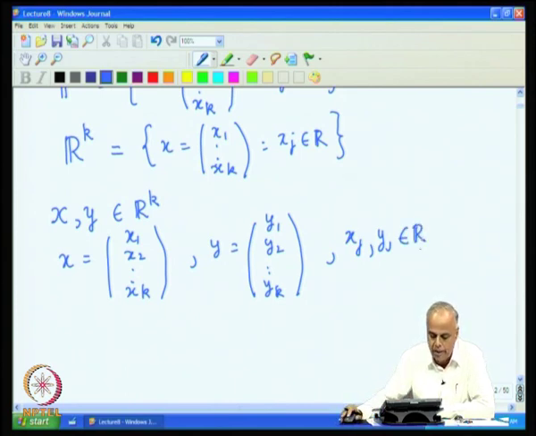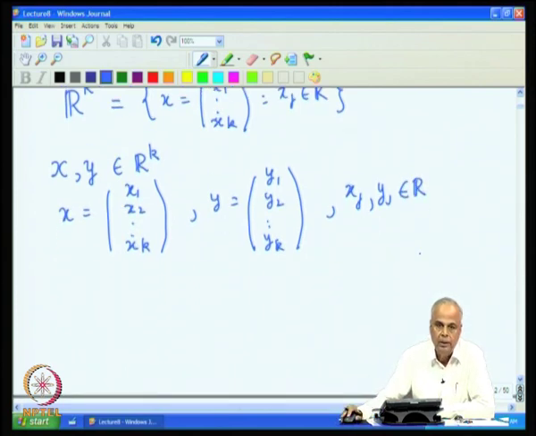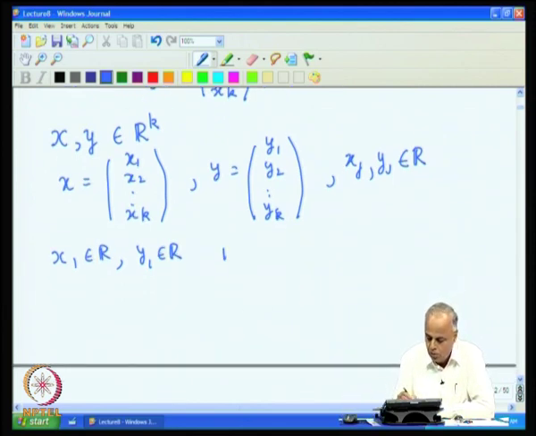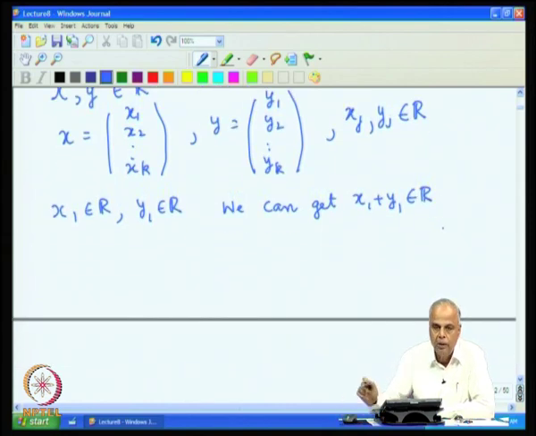We are looking at R^k, so all the entries in the matrix are real numbers. Now, x1 is a real number, and y1 is a real number. We know how to add real numbers, so we can get x1 plus y1, which is again a real number. Analogously, we can do this for every entry there.